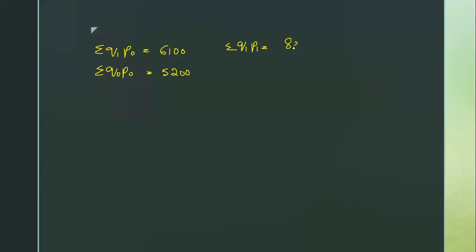Okay, good. 8,300. And summation Q0 P1. Total of summation Q0 P1. Yes, good. 7,100.